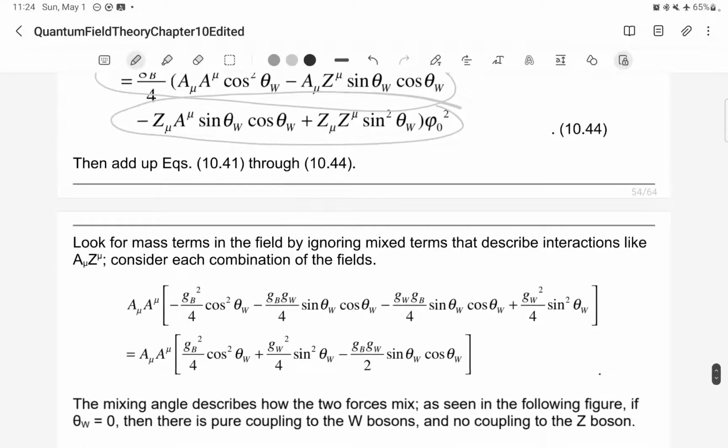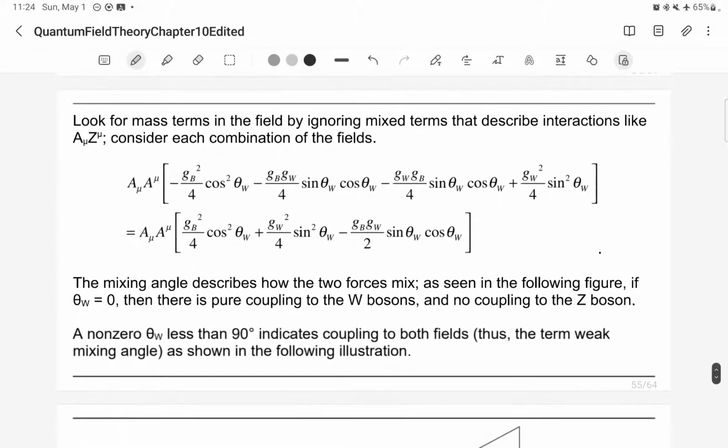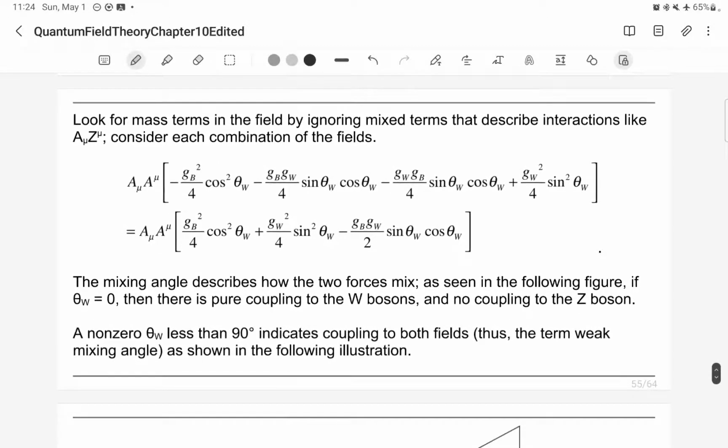So now you combine everything together. By the way, we ignore these terms because this is an interaction term. We are just supposed to have this term to get the mass. So in this case, you have for A mu, A nu.